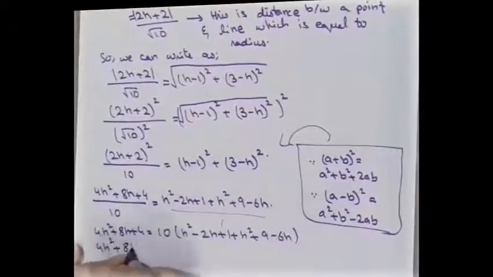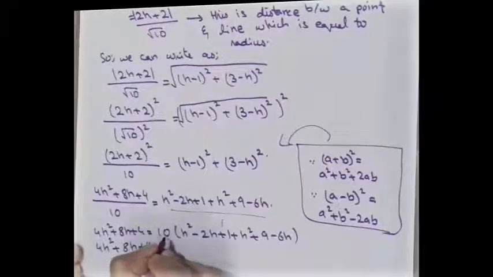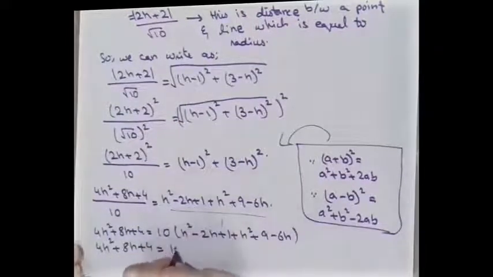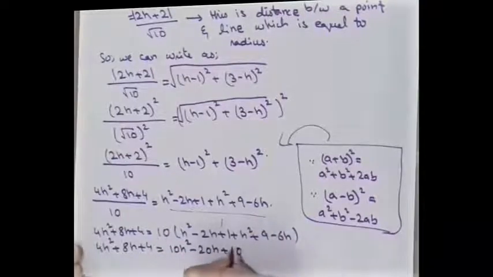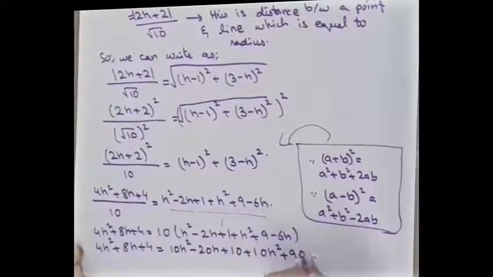Write it in a similar way and multiply 10 with the whole of it. So it will be 10h squared minus 20h plus 10 plus 10h squared plus 90 minus 60h.